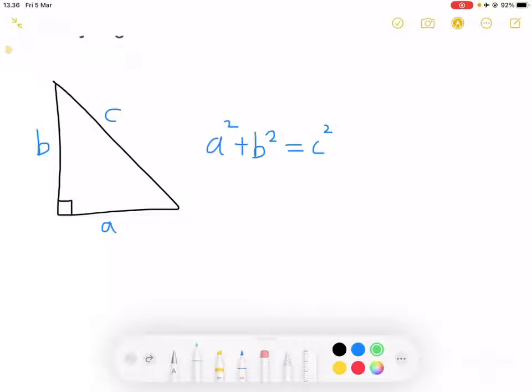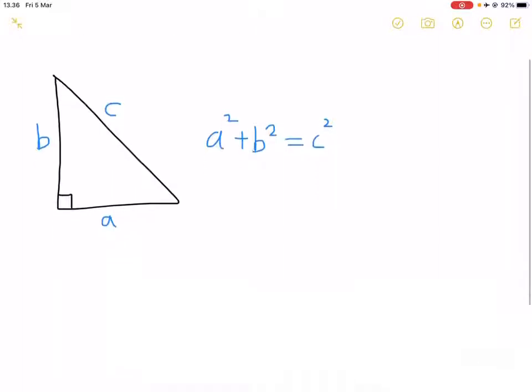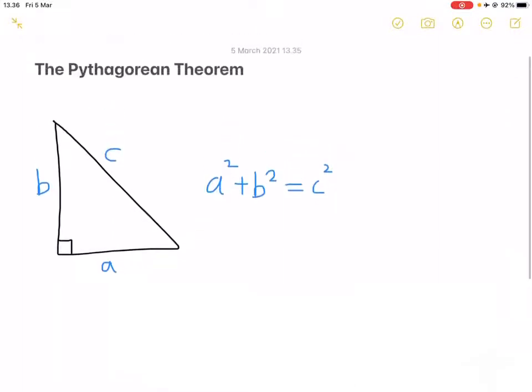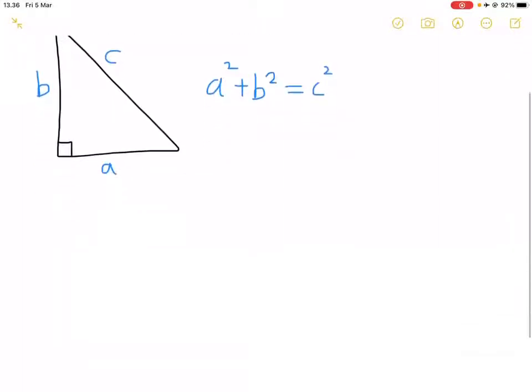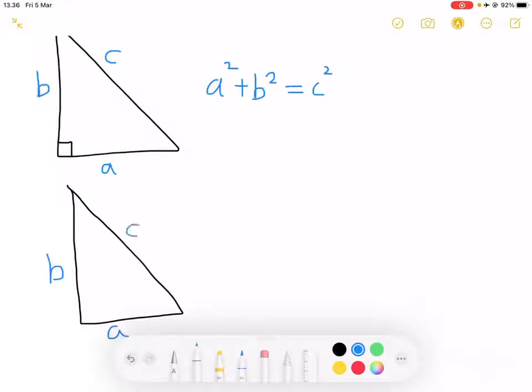Alright, the converse of the Pythagorean theorem states the same. What I mean by the converse is that instead of being given that the triangle is a right angle triangle, you're given that the sides of a random triangle are A, B, and C. Just the exact copy, but we don't know whether this is a right angle.